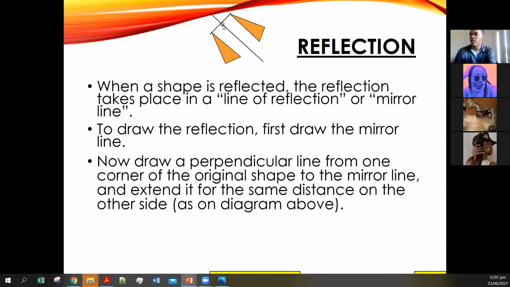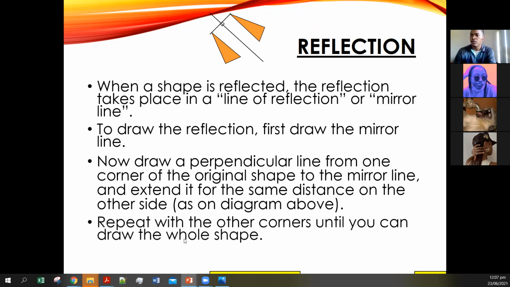So we draw in the mirror line, start with that line, then this shape, we get the distance or how many blocks from this line to that line over there. And then we do the same distance going down, and that will be our point, the same point. And we do that for all of the points of the shape.